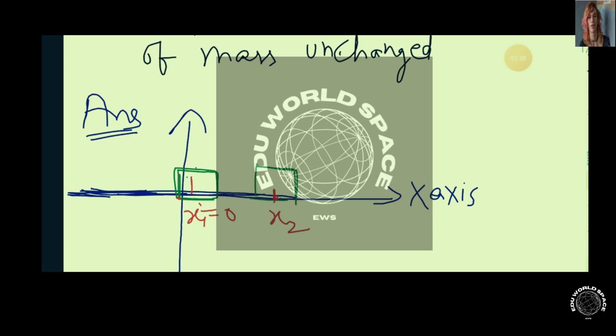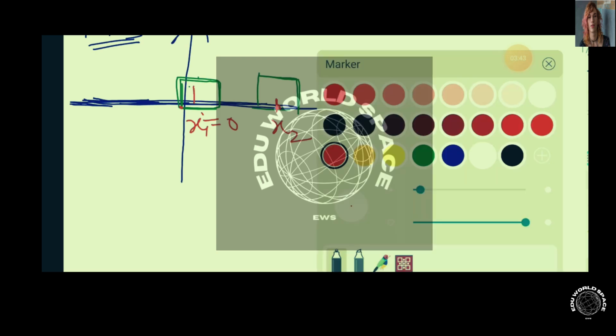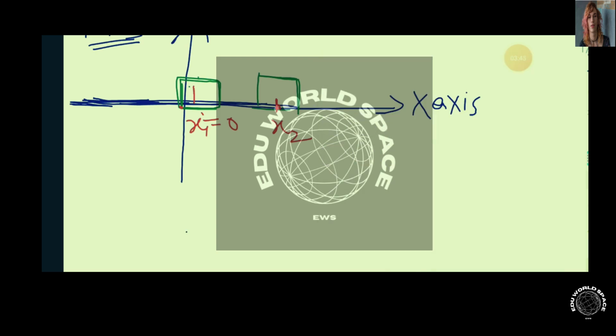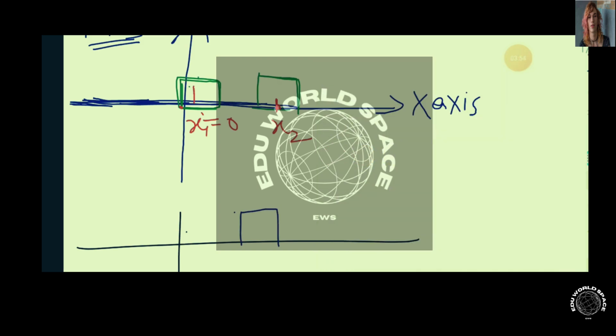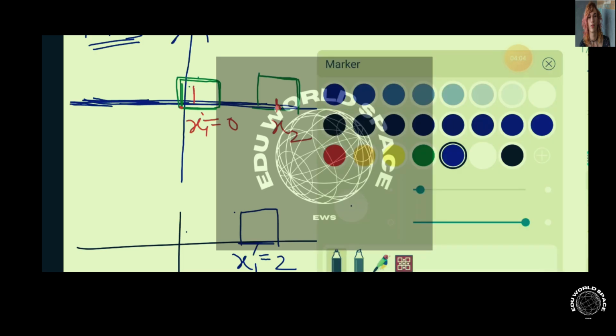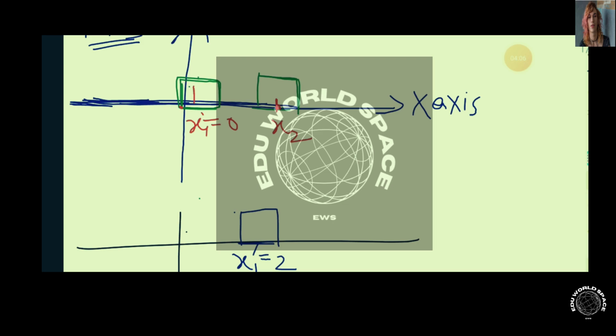Now in the question it is saying that the first block is moved by 2 centimeter in the positive x direction. That means its new position, assuming this is the new block position, is x1 dash equal to 2. We also have to change the position of the second block, and consider that the second block's new position is x2 dash.